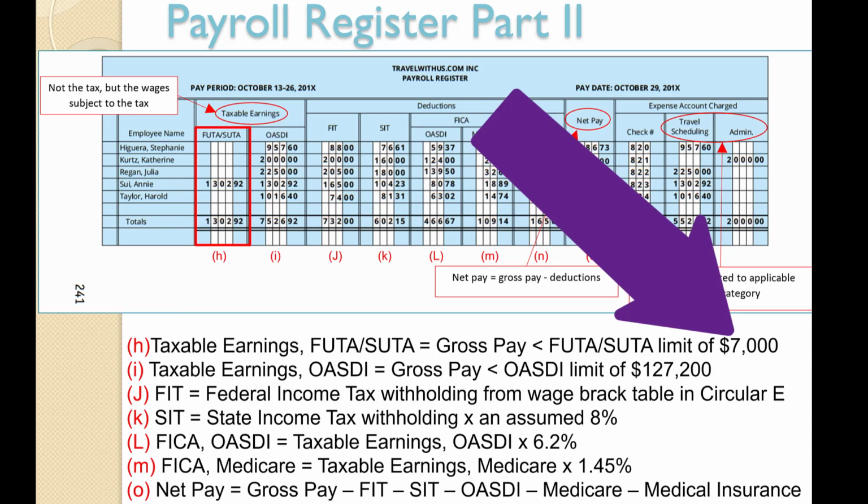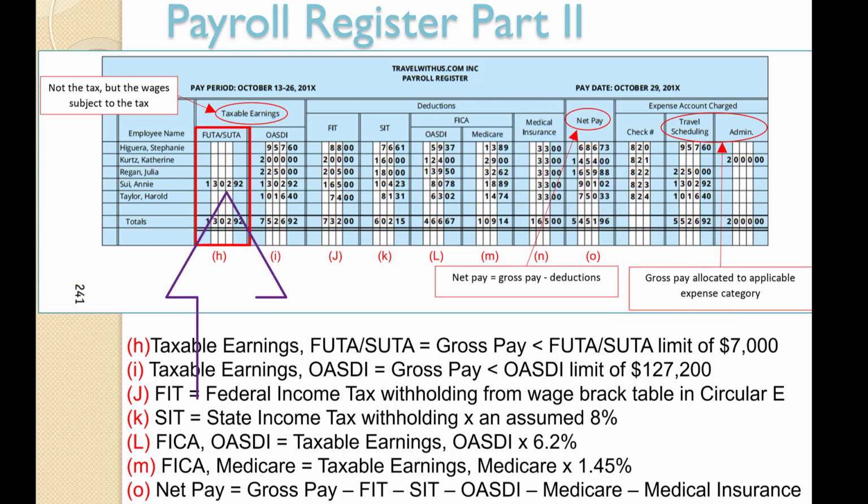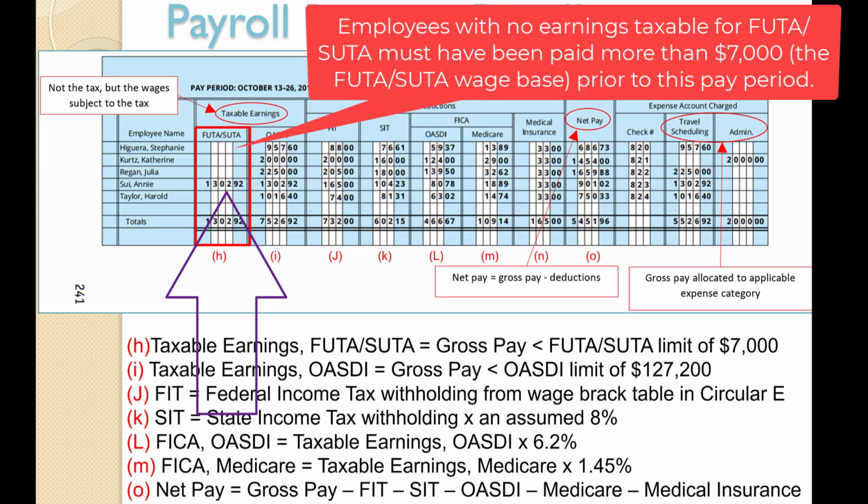According to the FUTA SUTA column, only one employee has gross pay that is taxable for FUTA and SUTA, and that's Annie. So the other 4 employees, Stephanie, Catherine, Julia, and Harold, must have had prior earnings higher than $7,000. Let's go back to the previous slide and check to see if their prior earnings were greater than the $7,000 wage base for FUTA SUTA.